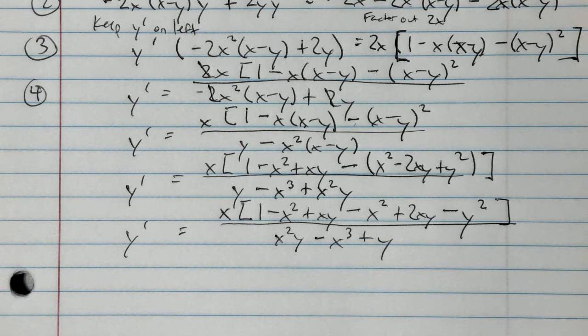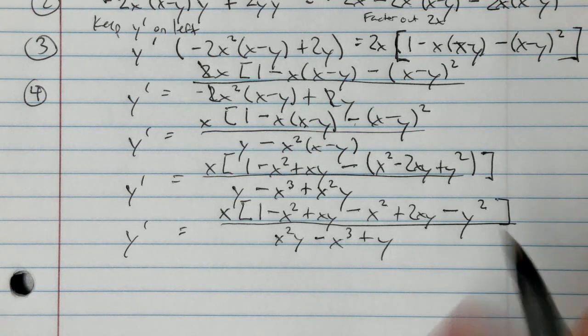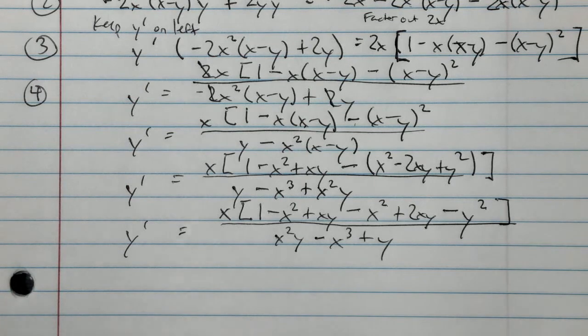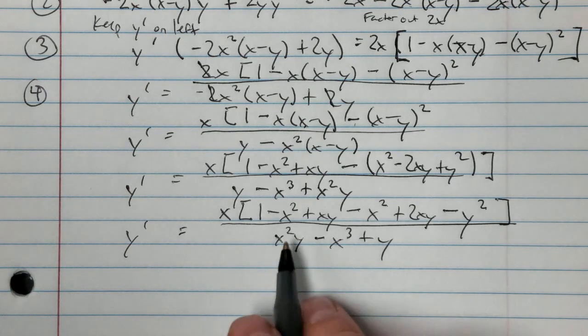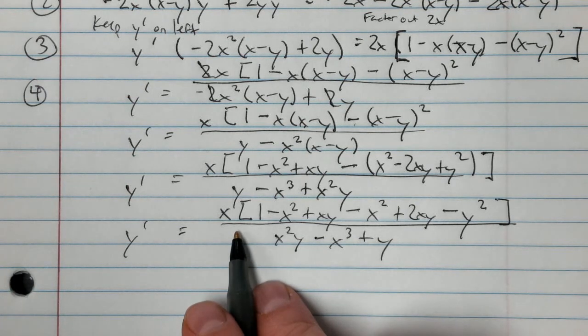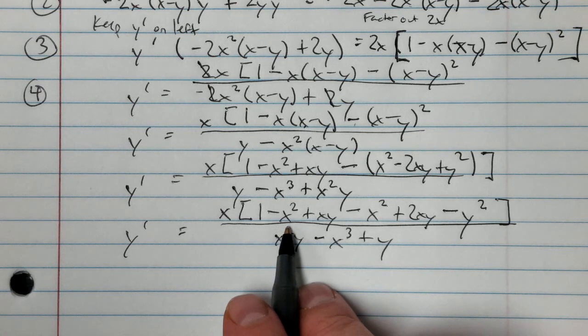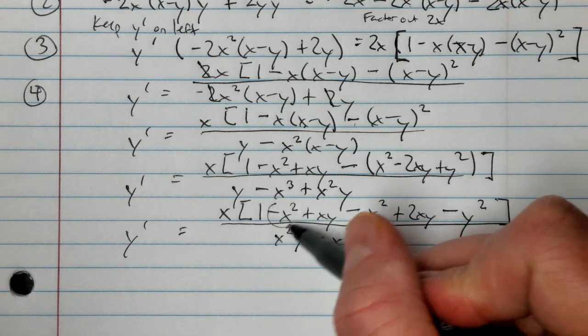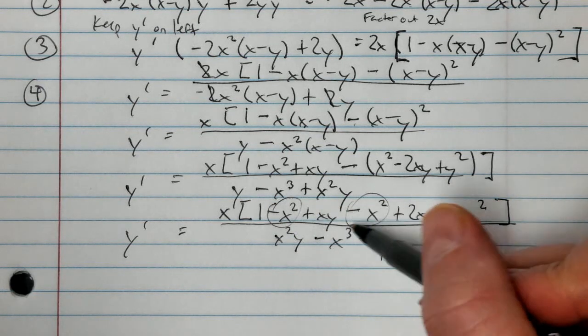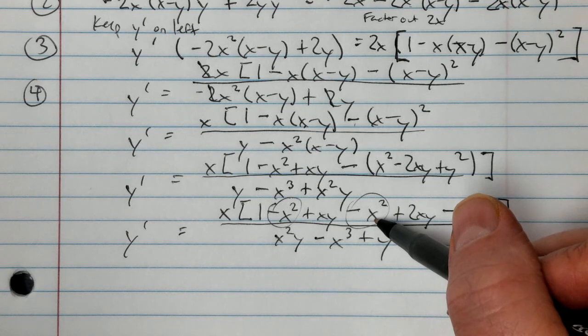Then we just need to combine a couple of terms. So negative x squared minus x squared would be negative 2x squared.